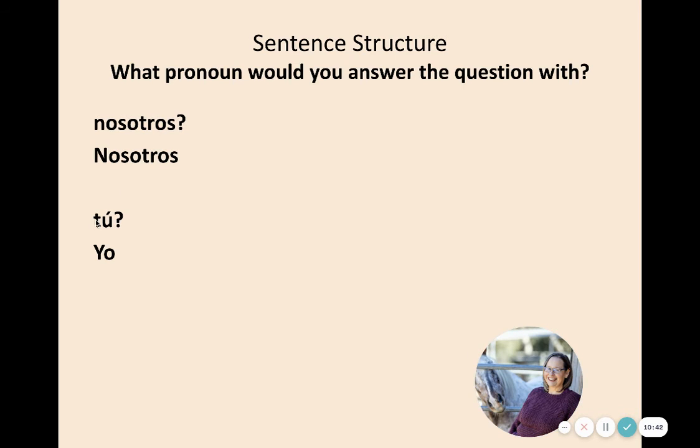If the question was asked with tú, you would answer it with yo. If the question was asked with usted, you would answer it with yo. If it was asked with vosotros or ustedes, because that would be the plural, you all, you would answer it we. Do you all like to do this? Yes, we like to do this.